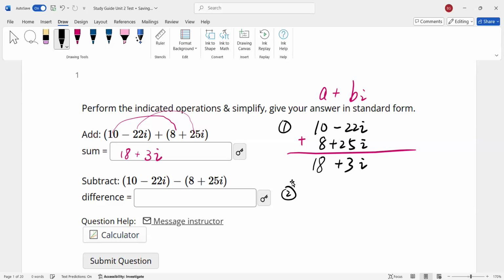Subtraction, probably the horizontal method is better. Addition, the vertical method definitely feels very comfortable. But for subtraction, you can use a horizontal method. I'll give you 2 minutes. Right now it's 13. I'll check with you at 15. Feel free to share your answer.